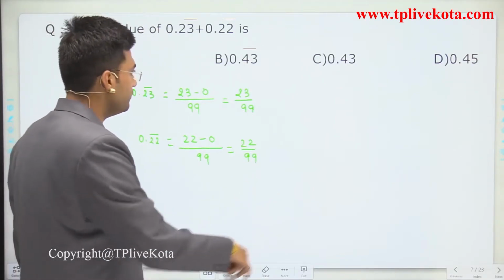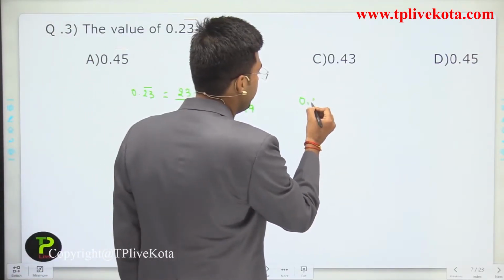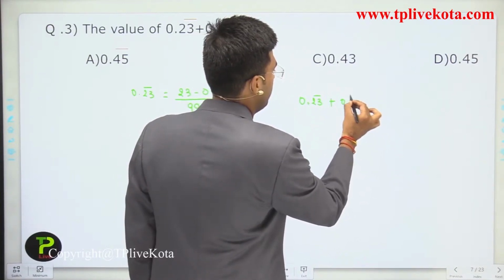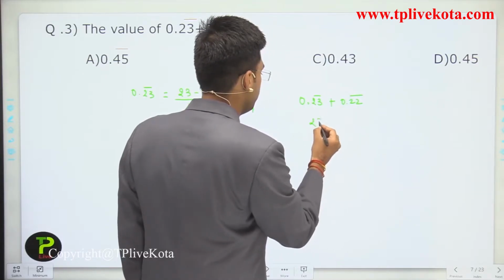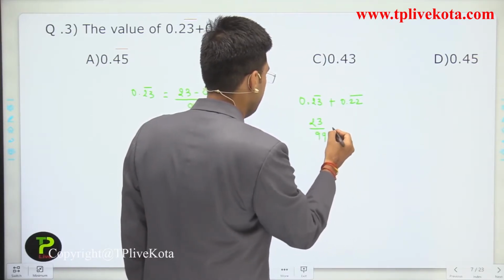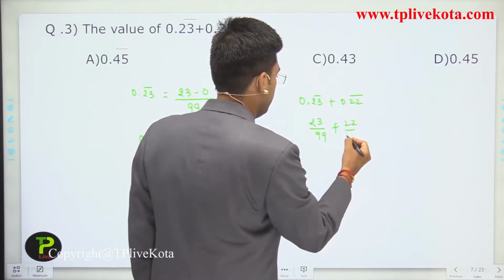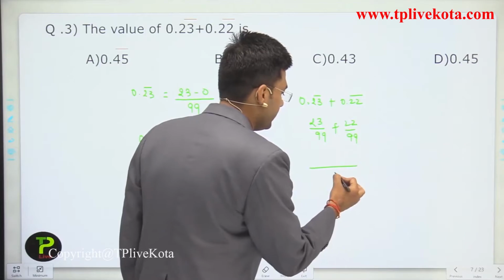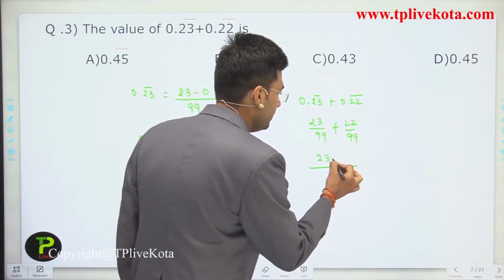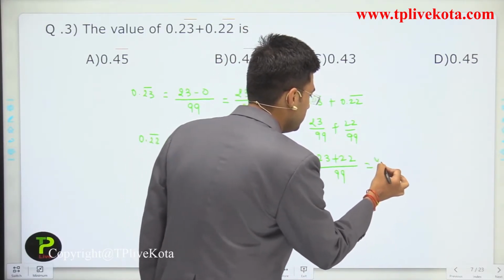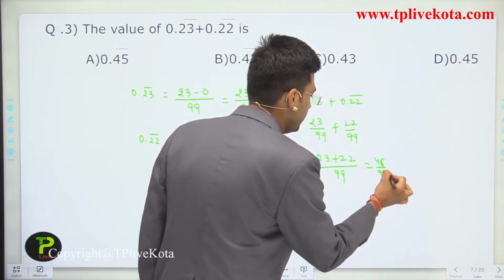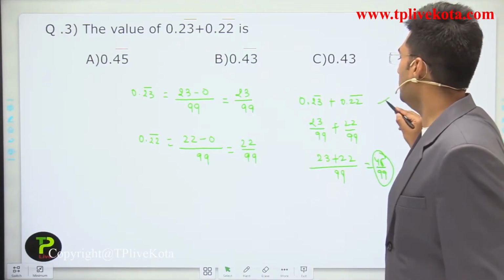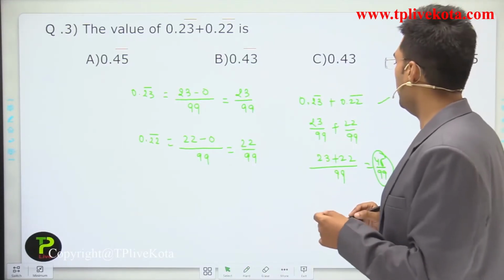Now dear students, we have to find the value of 0.23 bar plus 0.22 bar, and the value is 23 upon 99 plus 22 upon 99. When we solve by taking the LCM 99, we will get 23 plus 22, that is equal to 45 upon 99. So this is the fractional form of the addition of 0.23 bar plus 0.22 bar.